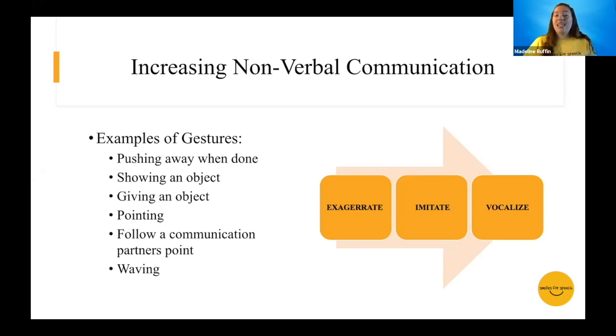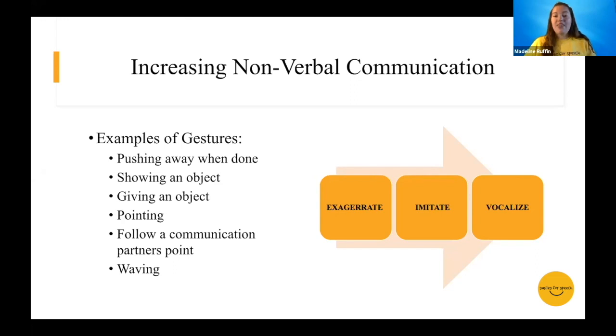Some ways that we can increase these communicative moments that happen without language are in 3 steps: to exaggerate our use of nonverbal communication, to imitate the child's use of nonverbal communication, and to add our own verbal language and vocalize on top of it.